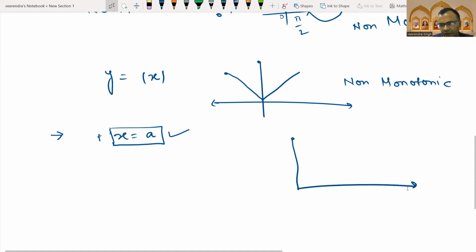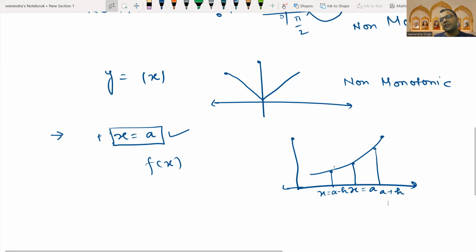Suppose we have the curve like this, f of x, and here we have a point x equals A. And in the neighborhood, we have two different points: this point is A minus h, and this point is A plus h.